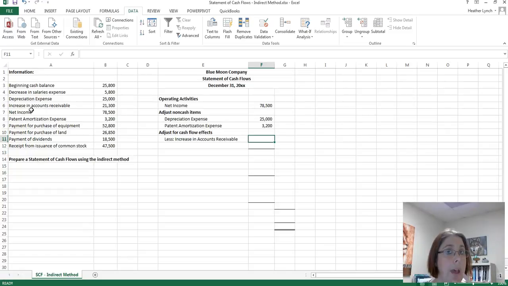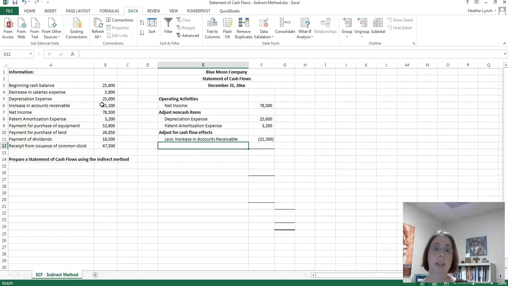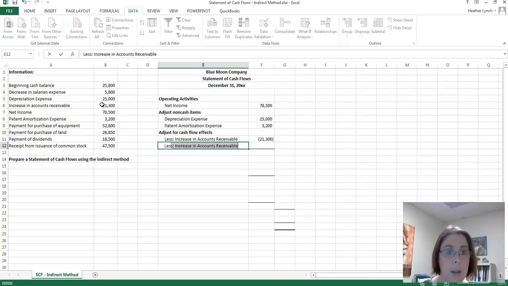For sales, you have to have cost of goods sold, which also adjusts your net income. So I've got to put in a negative. Less increase in accounts receivable, $21,300.